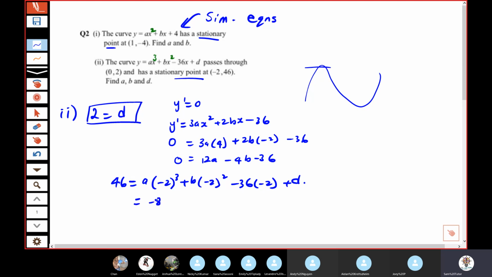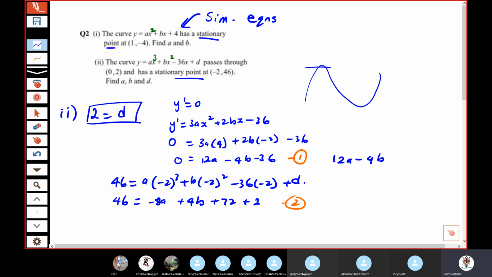And then that becomes -8a plus 4b plus 72 plus d. But what does d equal to? 2. We've already found that out, so you might as well substitute that. And again, we're back to equation 1 and equation 2 when you fix it up. So I am going to fix it up real quick and I'll leave it with you to finish off.